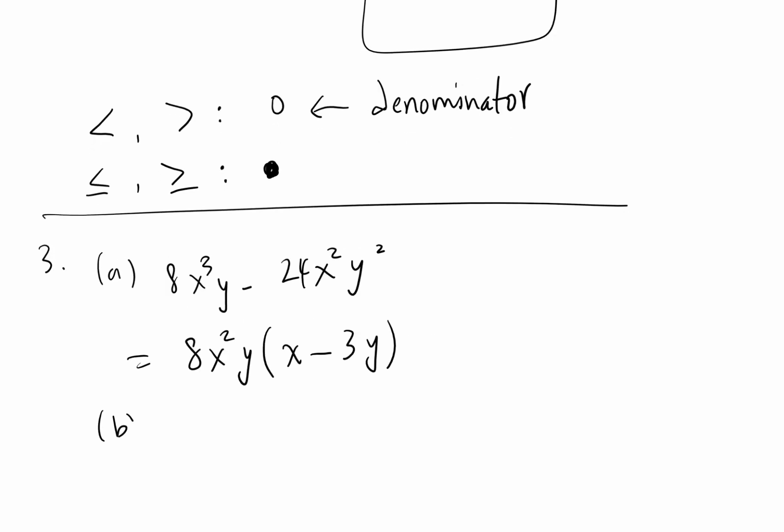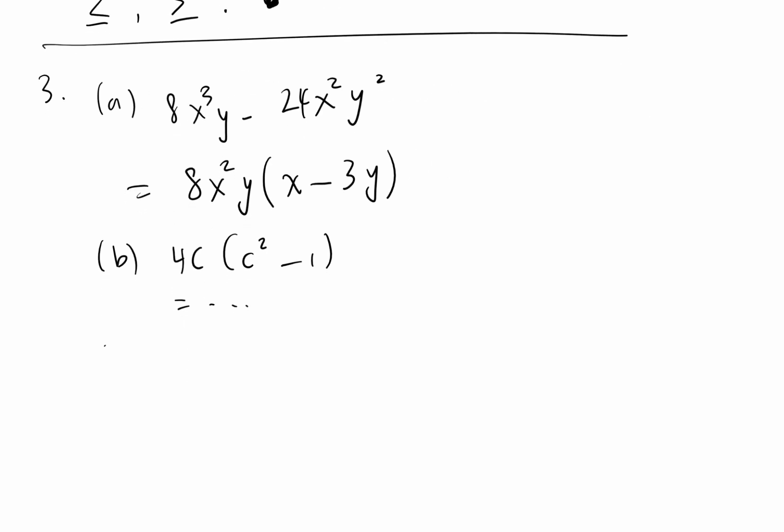For b, you take the 4c out. That will leave c squared minus 1. And I'm sure you know how to finish it. There's one more step. For c, what's the common factor here? The common factor is 3x squared, x plus 1 squared, x minus 2 squared.